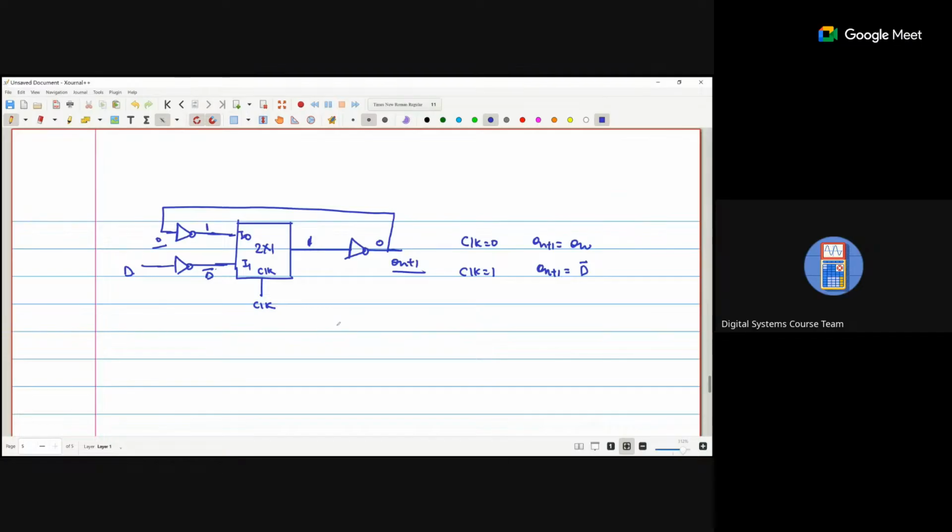So if clock is 1, D bar is the output and Qn plus 1 is D. So D double bar, that is D. Or in another way, I can say that for Qn plus 1 bar, when clock is 0, Qn plus 1 bar is Qn bar. And when clock is 1, Qn plus 1 bar is D bar. Okay, we are taking the complement for both.